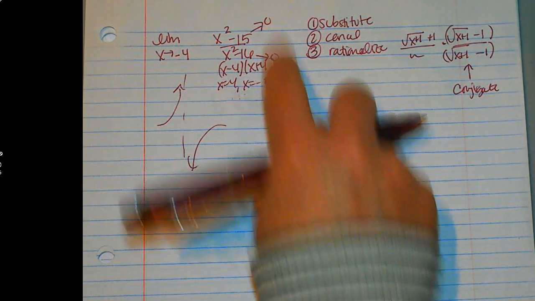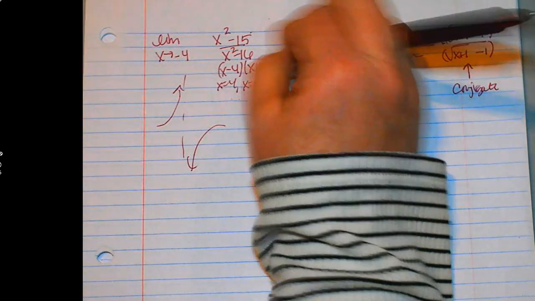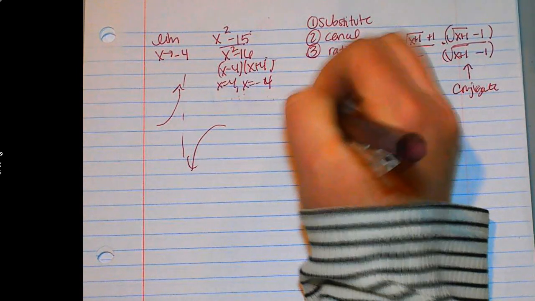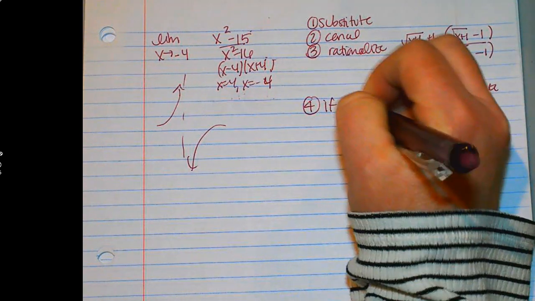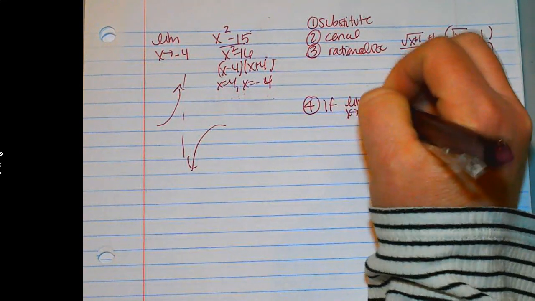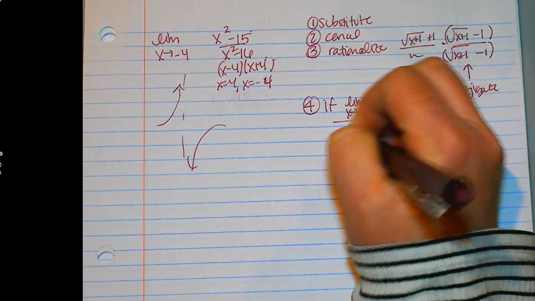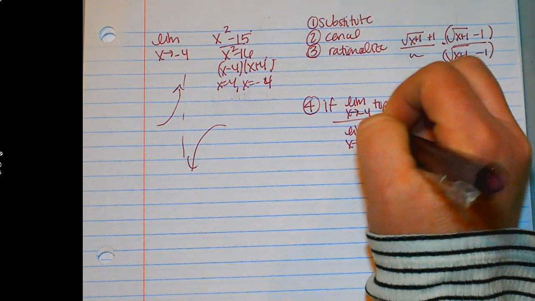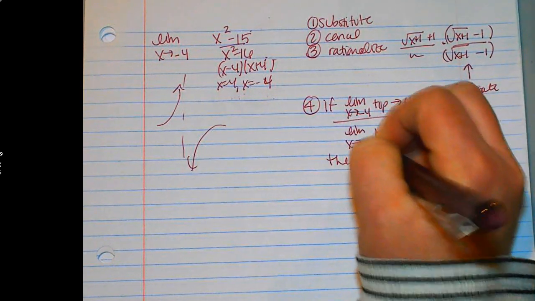So if it goes to 0, then what can you do? If the limit of the top goes to 0 and the limit as x approaches -4 of the bottom goes to 0, then you L'Hopital it.